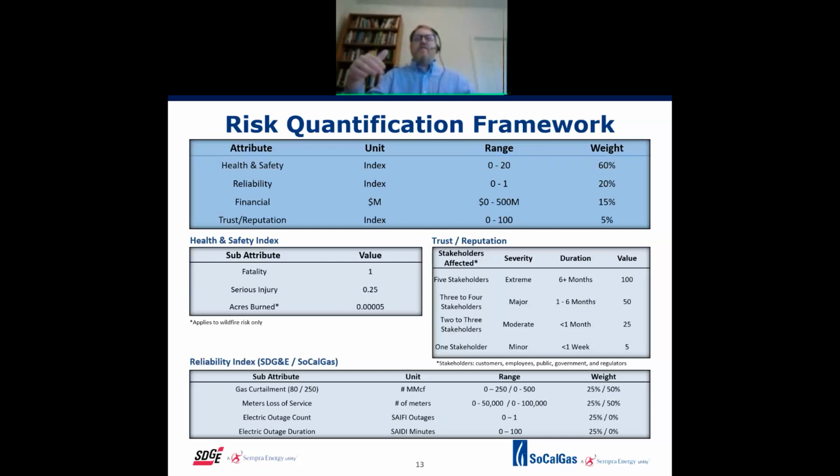If something happens that affects those stakeholders, it is something very real that causes an issue with them. And then that leads to a trust and reputation hit to our company as well. And it makes it harder for us to do the things that we want to do with the community, from a reliability standpoint or from a rate making standpoint. So we feel that, yeah.